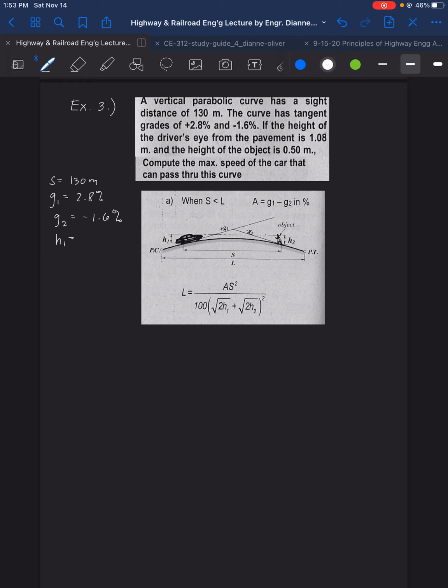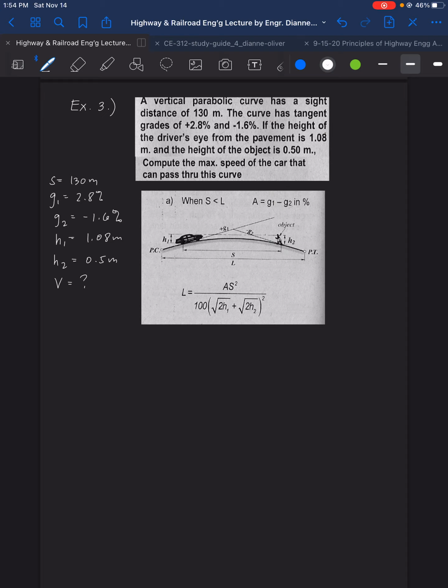Height of the driver's eye from the pavement is 1.08 meter. Height of the object is 0.5 meter. And then we are to find the maximum speed of the car that can pass through this curve.